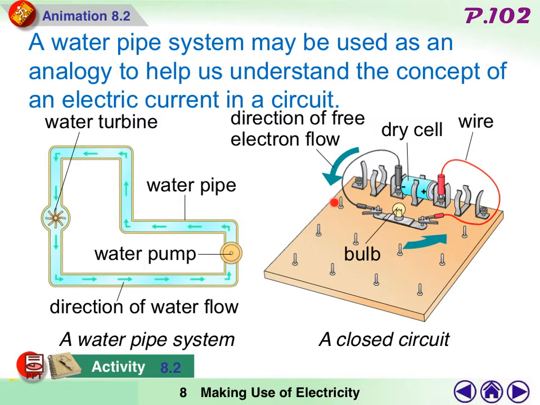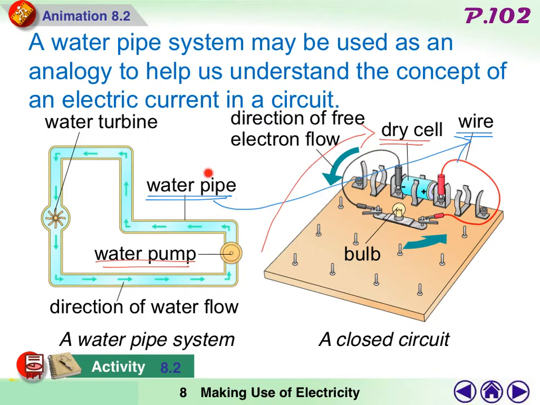Actually, we cannot observe the flow of electrons by naked eyes. So, a water pipe system may be used as an analogy to help us understand the concept of an electric current in a circuit. The water pump, which pumps water to flow, represents a dry cell.